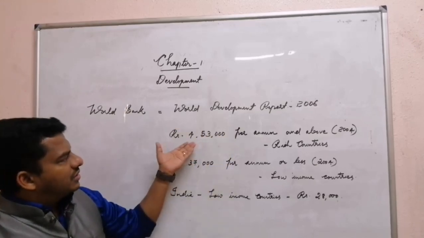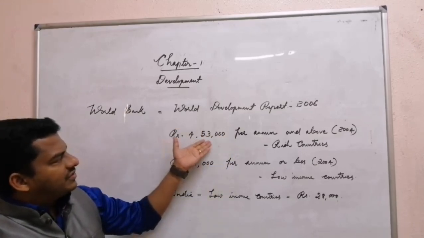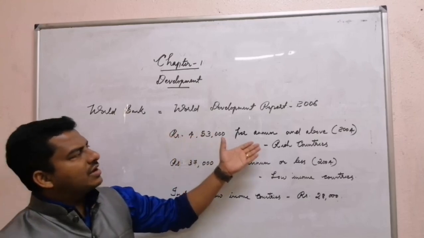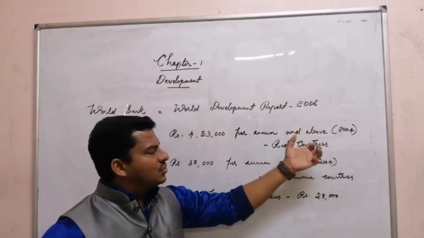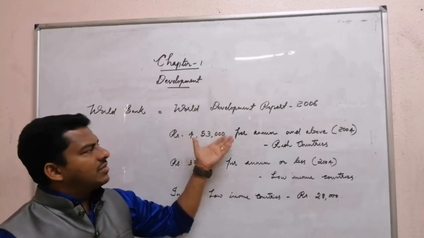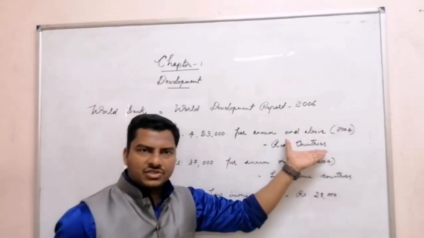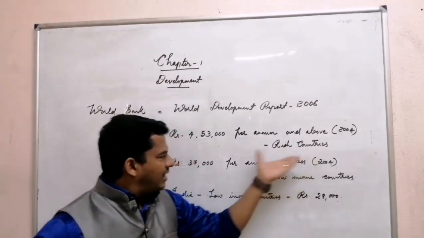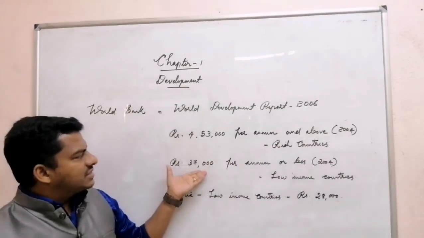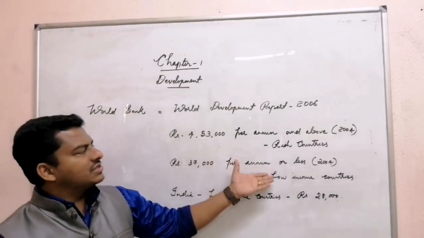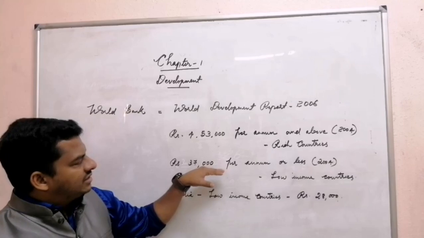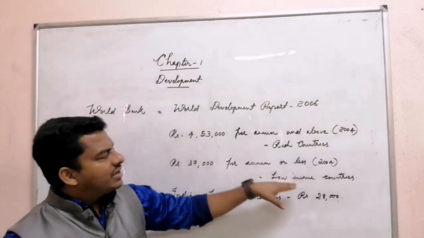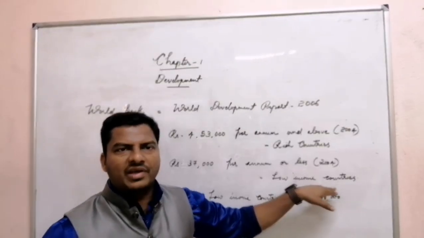According to this, rupees 4,53,000 per annum and above, the countries attaining this income and above will come under the category of rich countries, and rupees 37,000 per annum or less, the countries attaining this level of income will come under the category of low income countries.